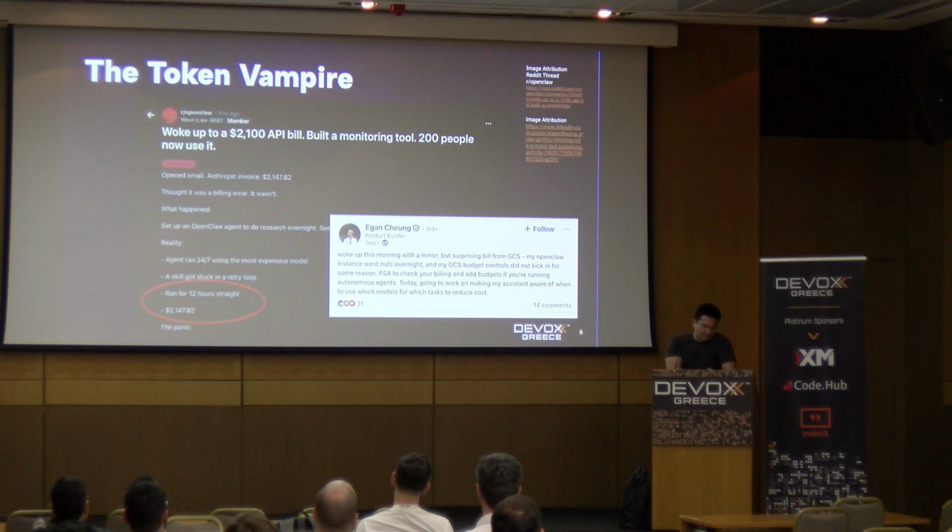This is a news clipping of someone posting on Reddit that they ran OpenClaw for 12 hours and their bill was $2,200 US, which is a ton of money for 12 hours. I really hope they got their money's worth out of that $2,200. I somehow think they probably didn't. And so, running these agentic systems, letting them loose and sit there and think and burn tokens, it's a real money burner.